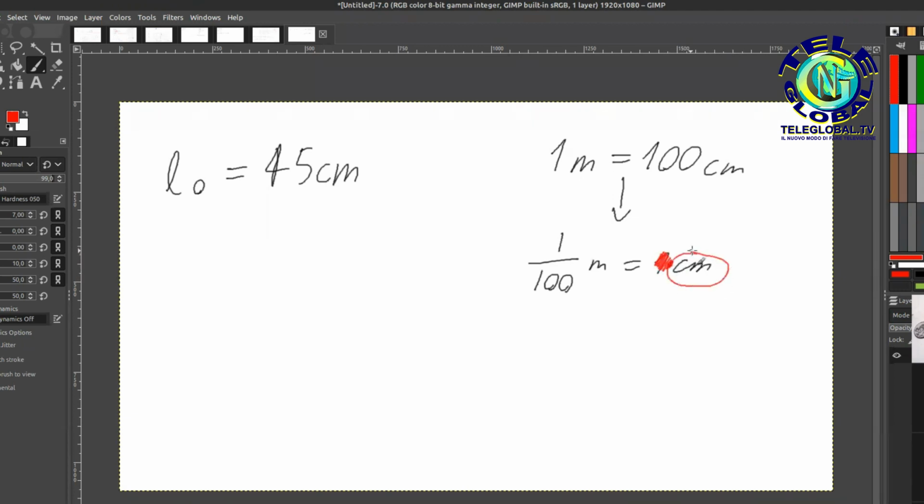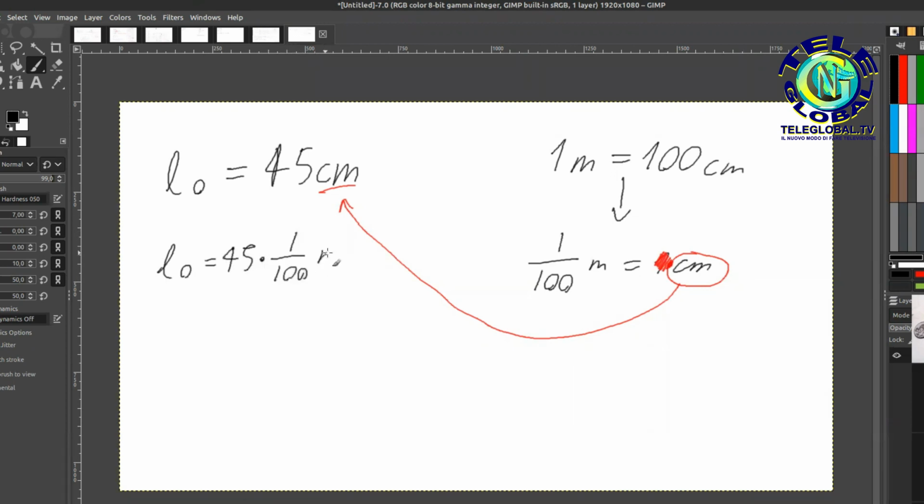Then you can take centimeter and substitute here. So you will end up with L0 being 45 multiplied by 1 over 100 meters. And so that will be 0.45 meters. Okay.